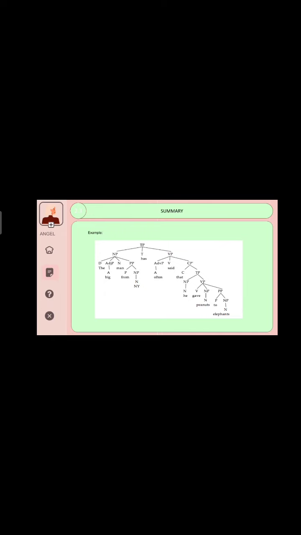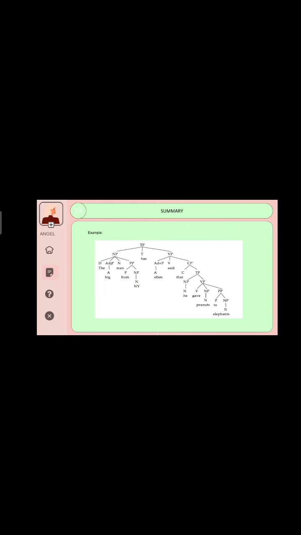We have the determiner the, and then the adjective phrase, adjective big, and then the noun, our subject, is man, and then the prepositional phrase is from, and then the noun phrase, noun is NY, and then the T, our auxiliary verb, is has, and then the verb phrase, adverb phrase, adverb often, and then the verb is said, and then the CP, or the complementizer phrase, and complementizer "that," and then the tense phrase, noun he, and then the verb phrase, verb gave, and then the noun phrase, noun peanuts, and the prepositional phrase, preposition to, and then the noun phrase, noun elephants.